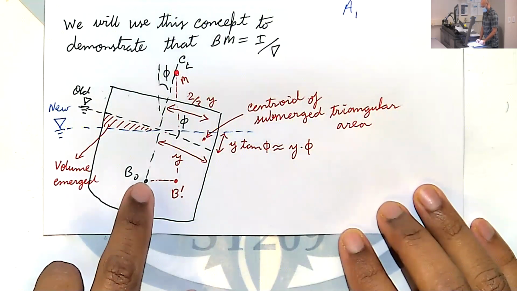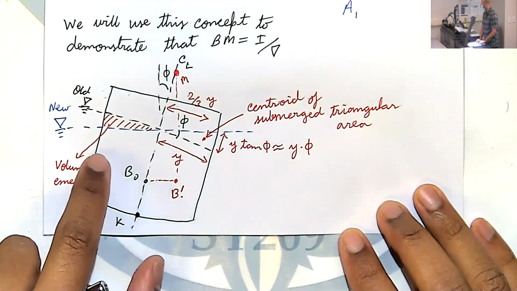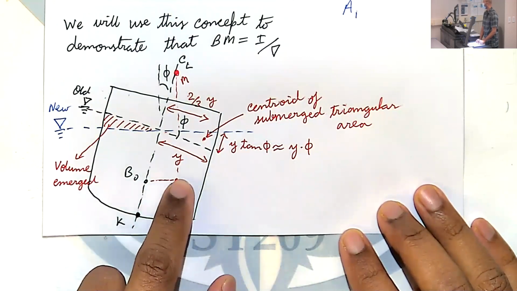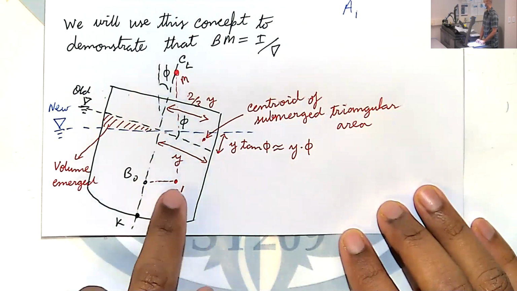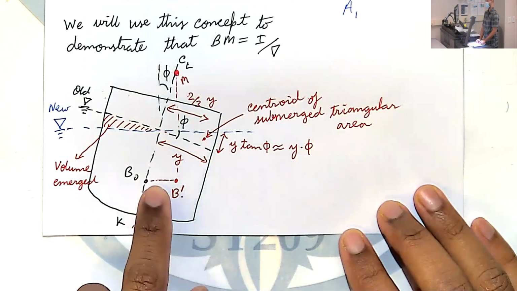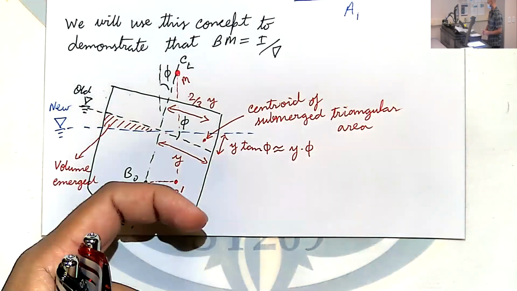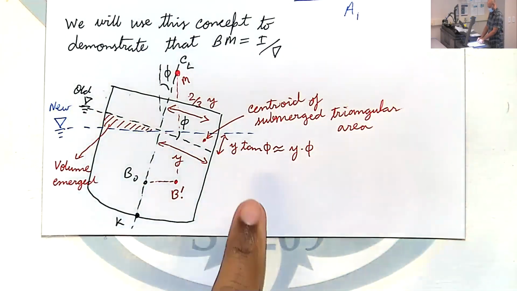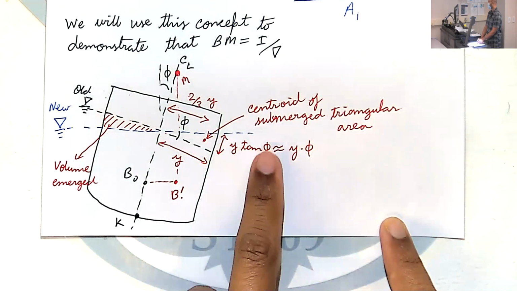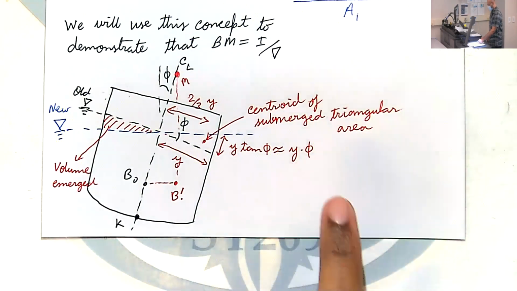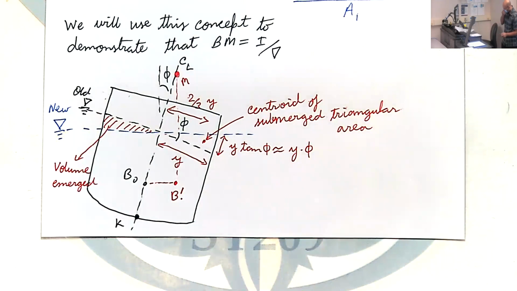The B location actually describes a very smooth arc, and for very small angles, that smooth arc we assume is a flat line. So that's why I've drawn it lateral. Small angles again are required to make this assumption. Y times tan phi is y times phi in radians.